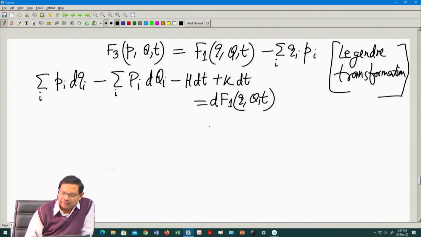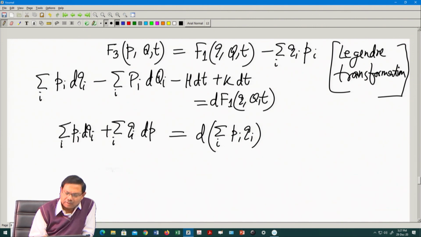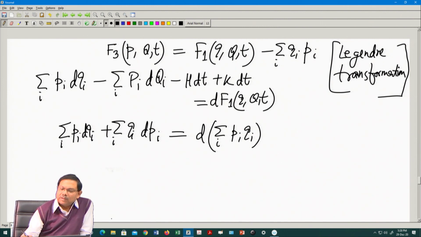So, now again we have to add on both the sides. So, if I take d of sum over p_i q_i or q_i p_i, this means I have p_i dq_i plus sum over q_i dp_i. This is equal to that, and the definition requires a minus sign here, because this is the one we want to cancel.